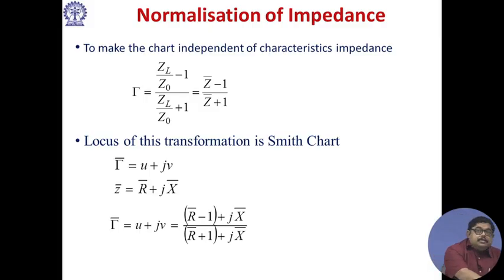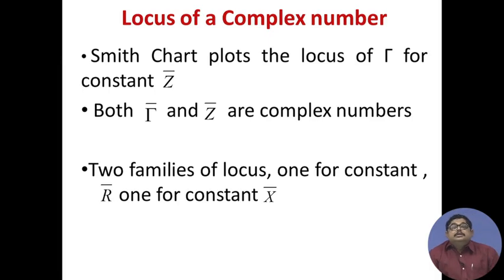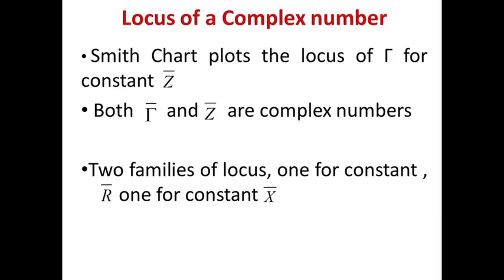Now, we have to plot the locus of gamma for constant z. That means the Smith chart is the locus of gamma for constant z, but as we have seen, gamma and z both are complex numbers. Whenever we come across complex numbers, we always try to break them into two orthogonal real numbers, a plus j b.